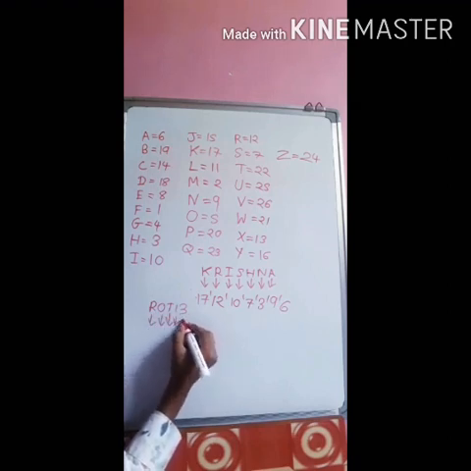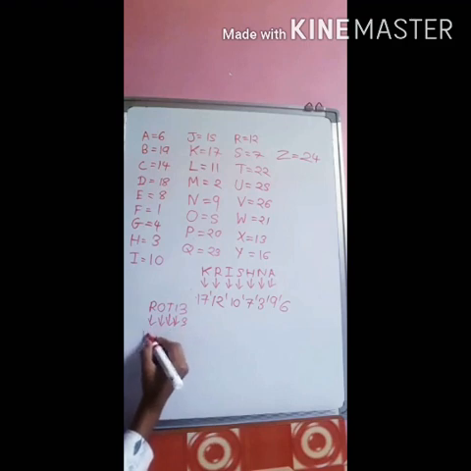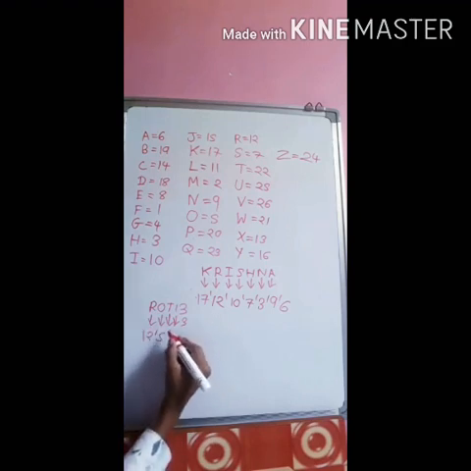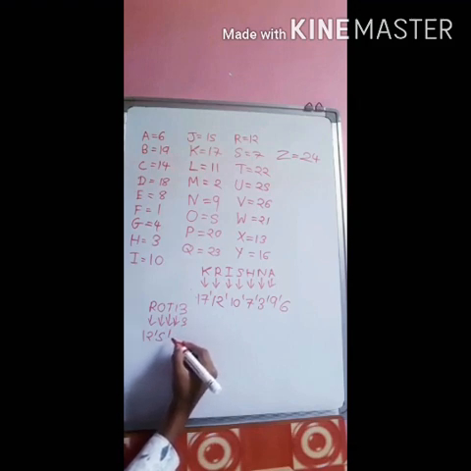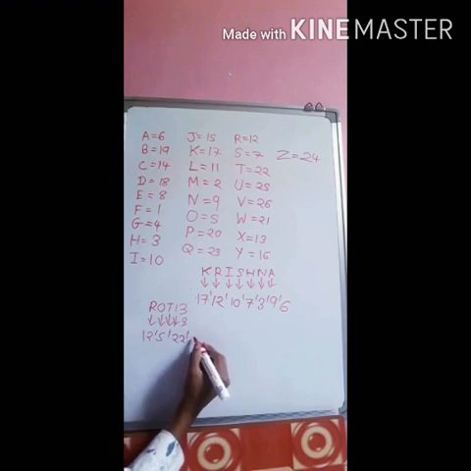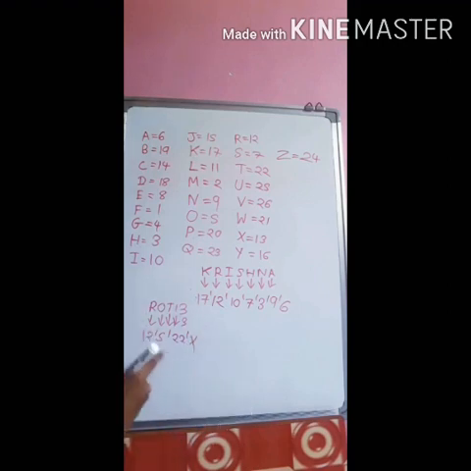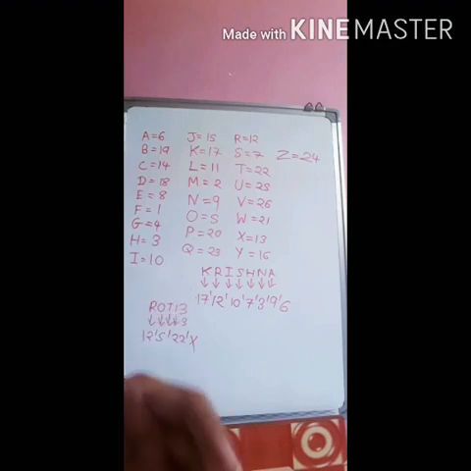Now R is equal to 12, O is equal to 5, T is equal to 22 and 13 is equal to X. This is the secret code language. Now you should have understood why people use this secret code language in some secret missions or secret documents. This language is being used.